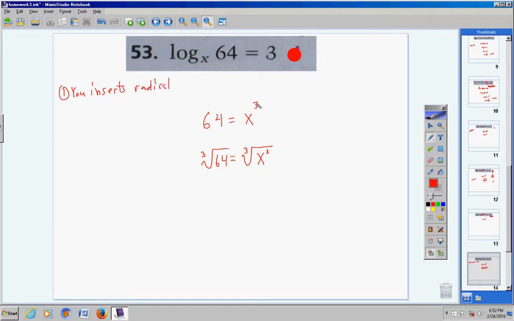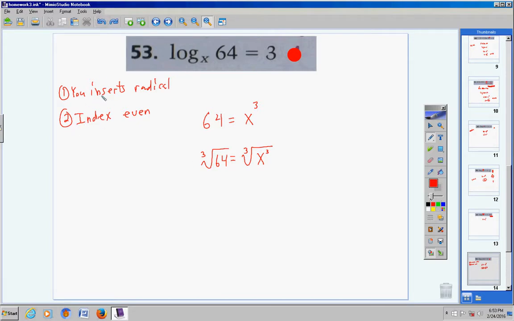Was there a radical right here? No, there was not. So did you choose to insert the radical? Yes, you did. So number 1, you insert the radical, which we did, but number 2, the index has to be even. And the index here is 3, so we do not put plus minus. Do not do that. You only put plus minus when both of these are true.